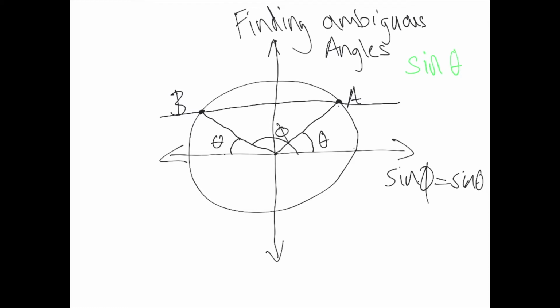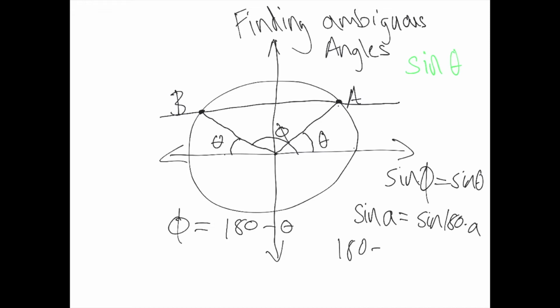So therefore, this angle phi, since they're complementary angles, is phi equals 180 minus theta. So therefore, sine of, let's just call any angle A, is going to be equal to sine of 180 minus A. So finding a similar angle is just as simple as going 180 minus your angle theta.